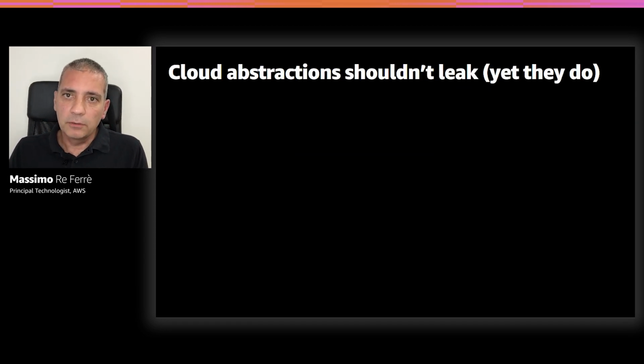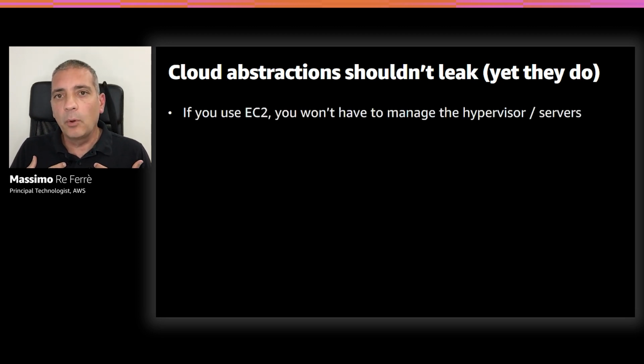At the core, when I talk about Fargate, I usually say that cloud abstractions should not leak, yet they do. What do I mean by that? Think about what you need to do when you deploy an EC2 instance on AWS.